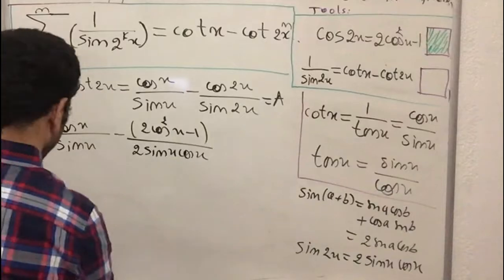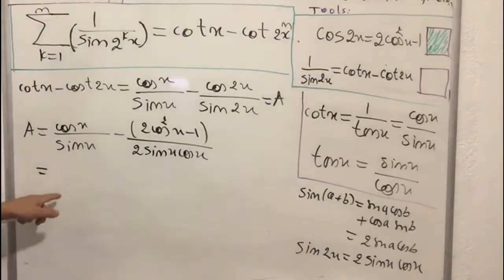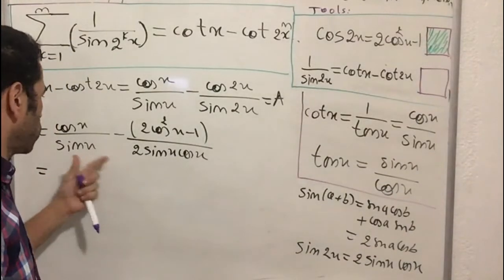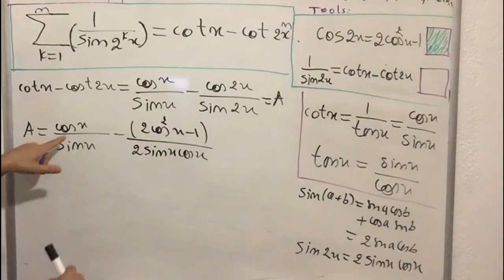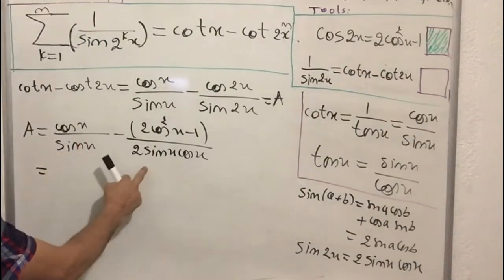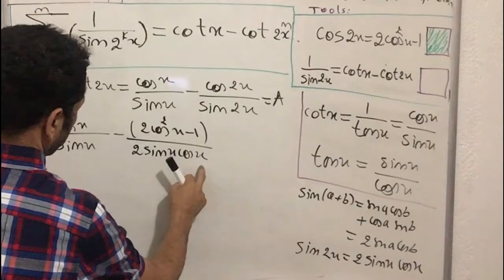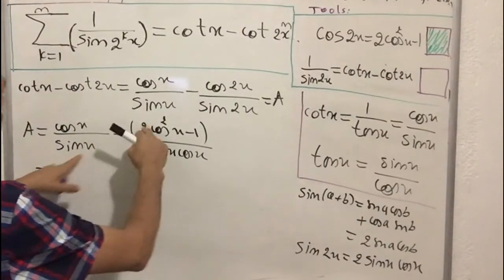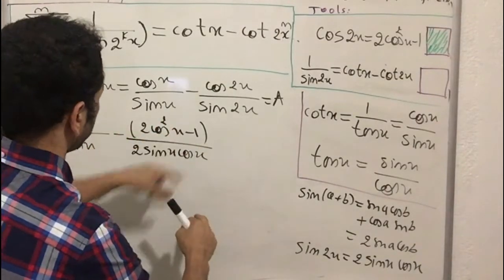Now to calculate these two fractions, I'm going to multiply cosine x by 2 sine x cosine x minus sine x multiplied by 2 cosine square x minus 1.